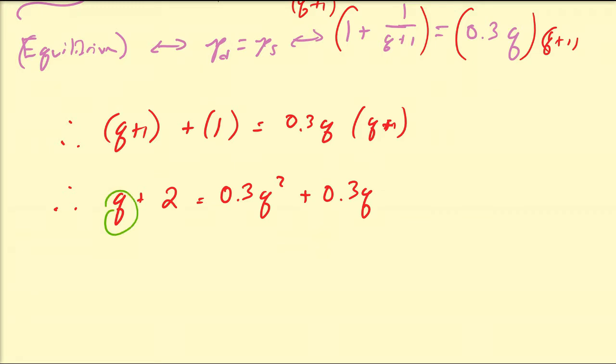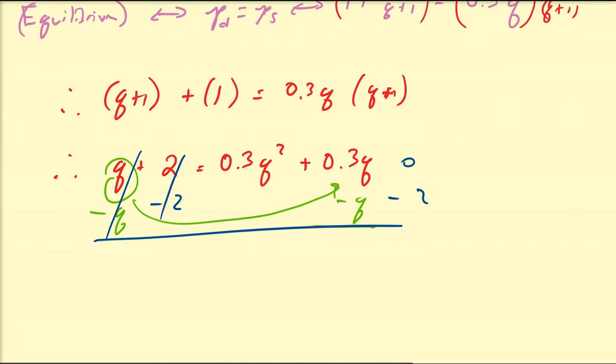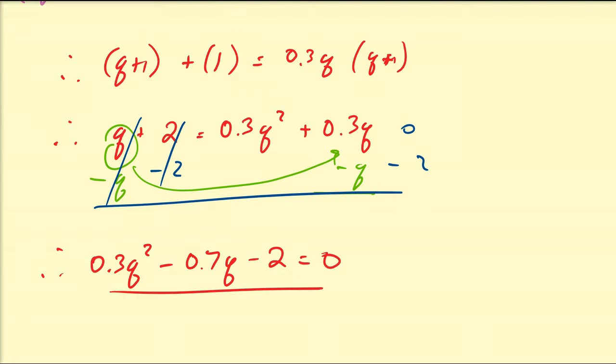I'm going to move my Q term over here. I'm going to subtract Q from both sides, and I'm also going to subtract this 2 from both sides. And those are going to cancel. So that's going to give me 0.3 Q squared minus 0.7 Q minus 2 is equal to 0.